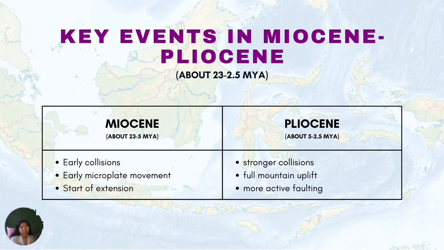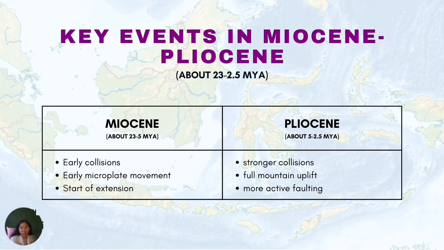Now, let's discuss the key events of the Miocene to Pliocene epoch. During the Miocene epoch, which spans from around 23 to 5 million years ago, the groundwork of Indonesia's modern tectonic setting was being laid. This period marked the beginning of significant tectonic collisions, particularly between various microcontinents and larger plates.